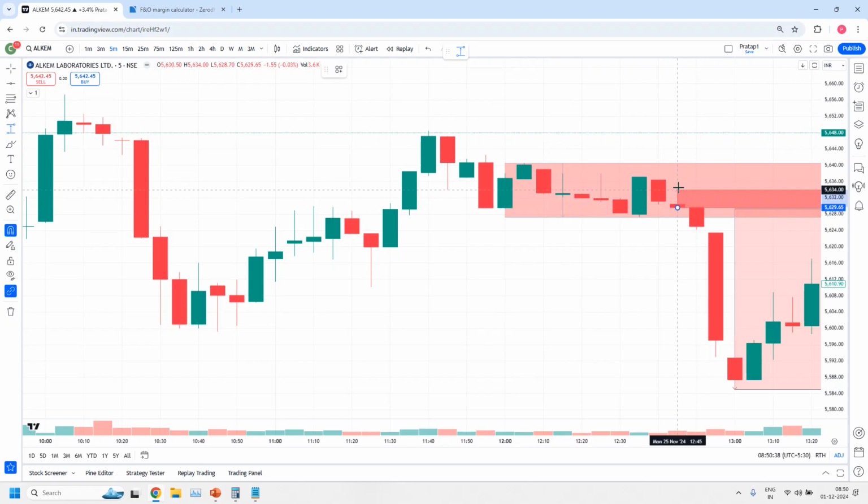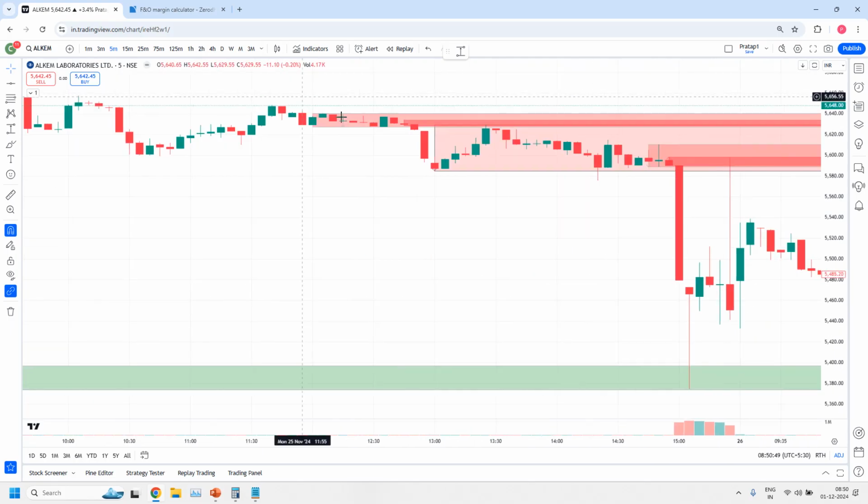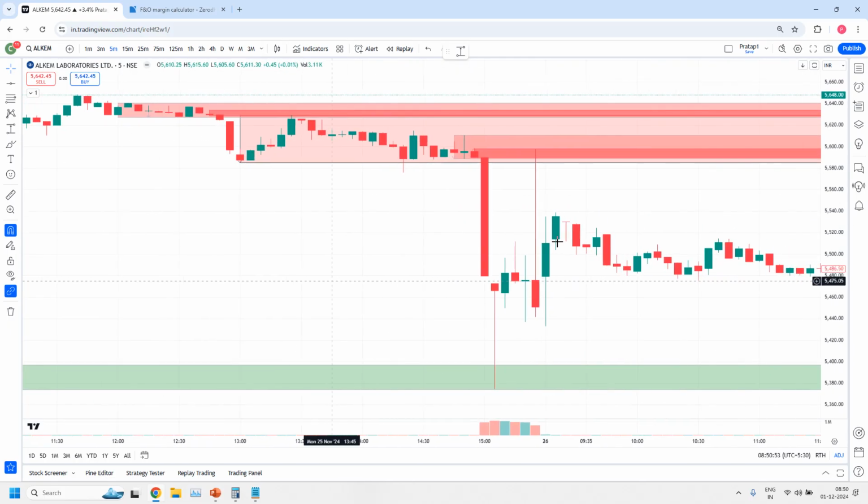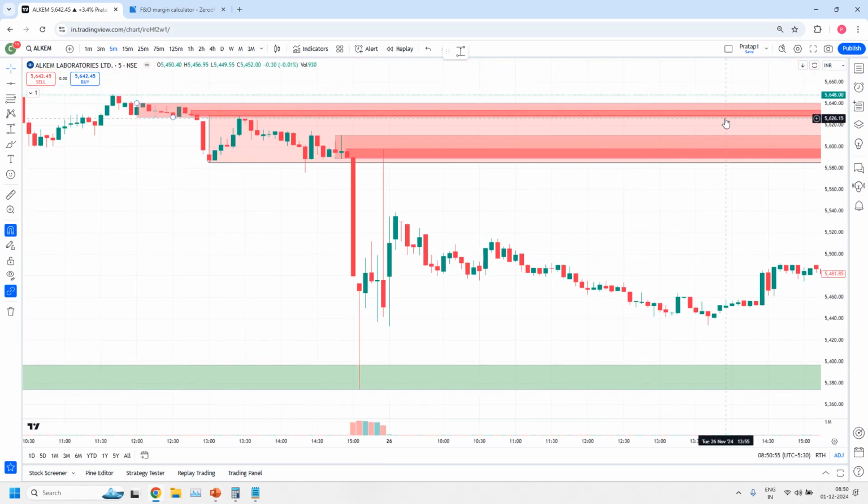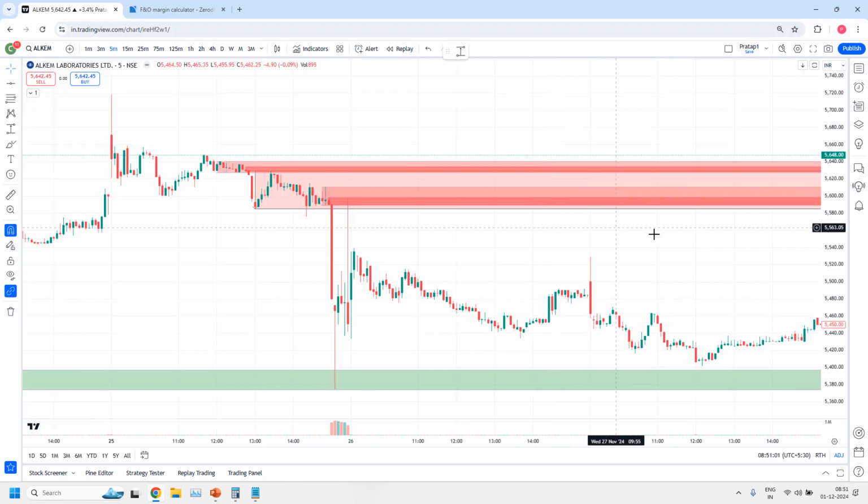That way you can plan your trade like this. So this 5 minute zone is also overlapped with this entire 75 minute zone. From there next time, because this is already tested, you can plan your next trade from this zone.